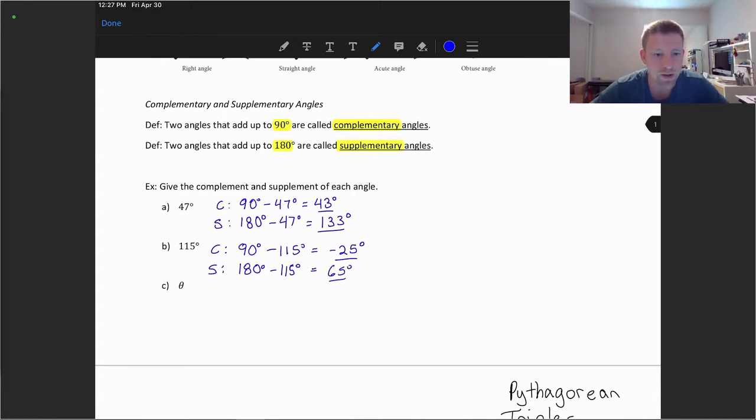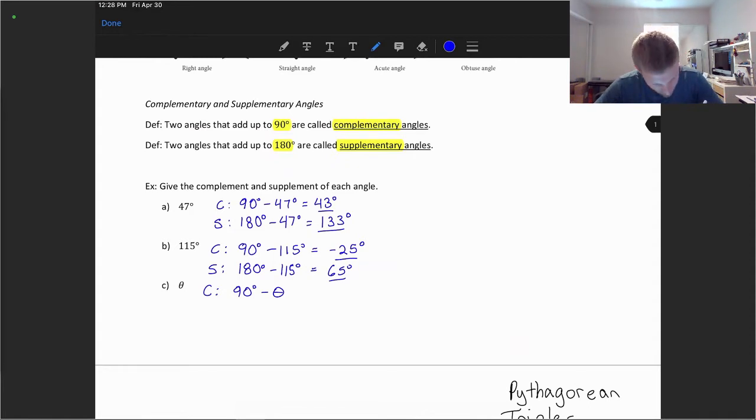If I wanted to think about this principle more generally, with just any given value theta, if I want the complement of an arbitrary angle theta, I could say that that would be just 90 degrees minus theta. And just leave it like that.